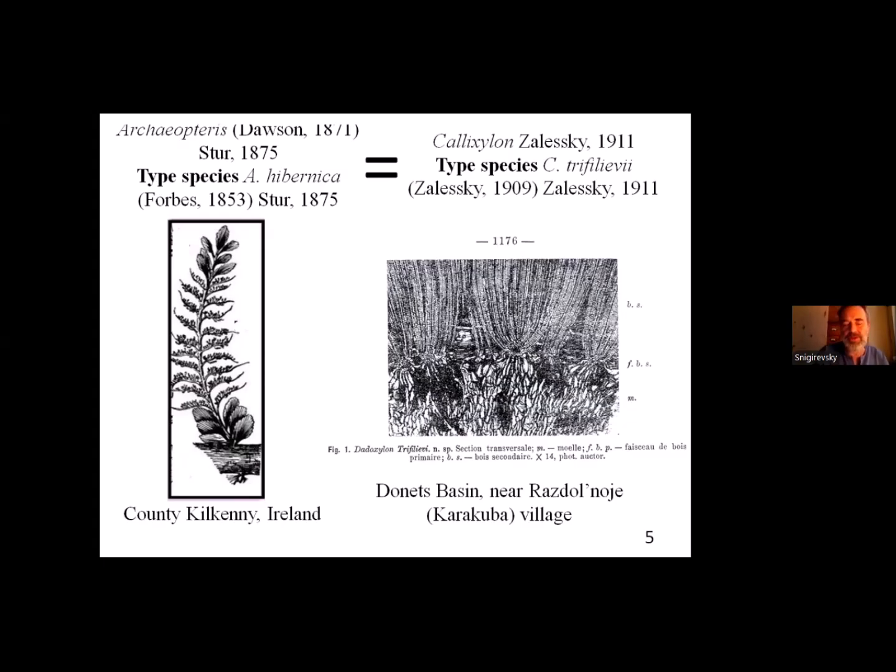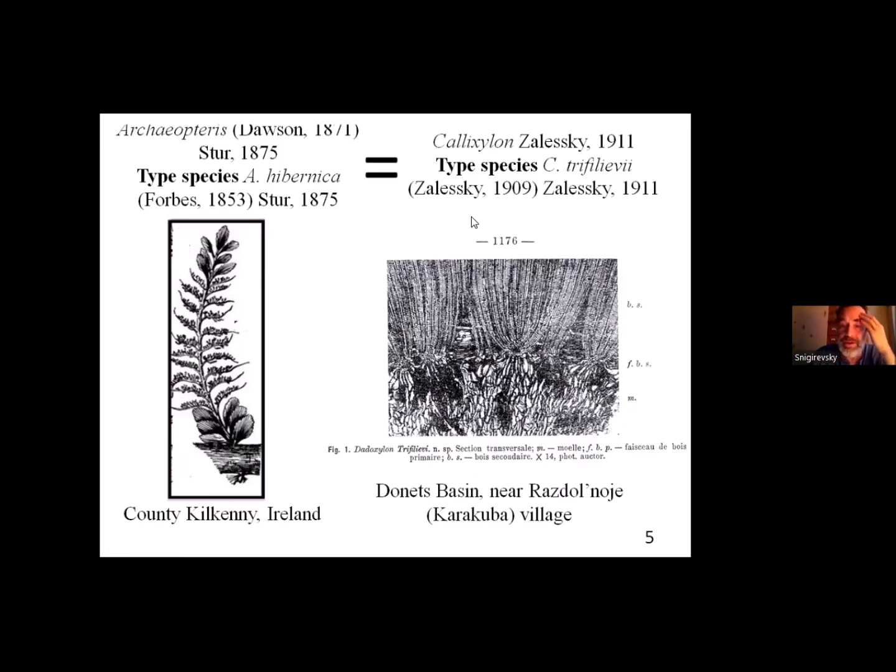Some of the leaves were sterile, and some were fertile. Here there is a fertile part on the rachis.